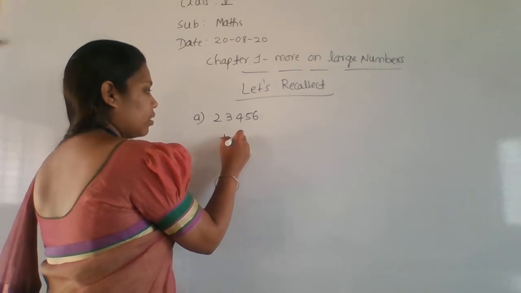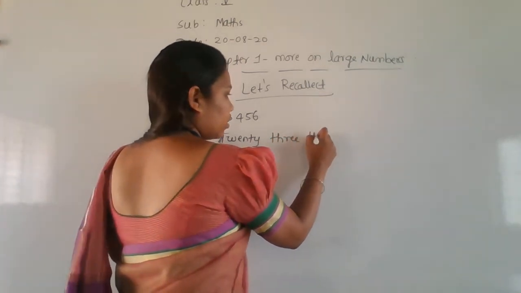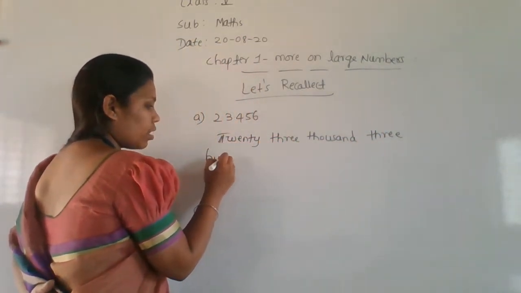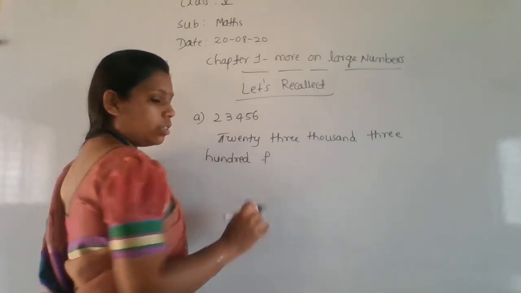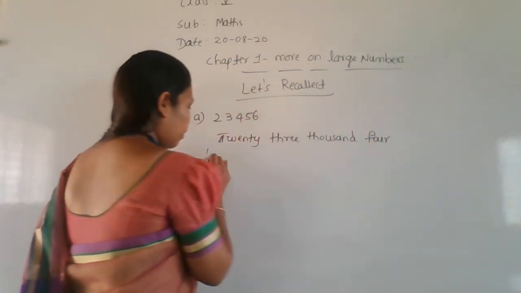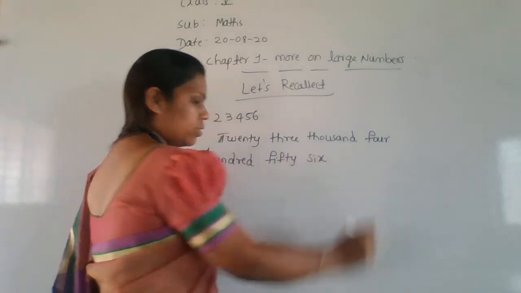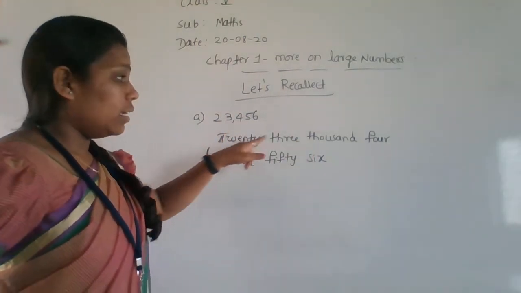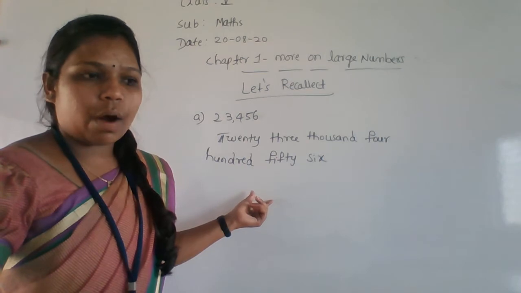That is 23,000, 456. 23,456. This is the number name. Like that we have to write here.